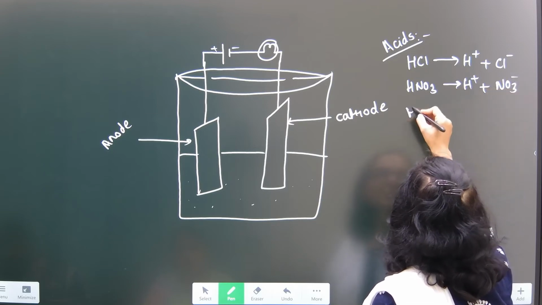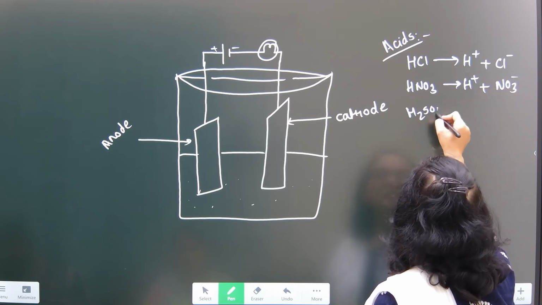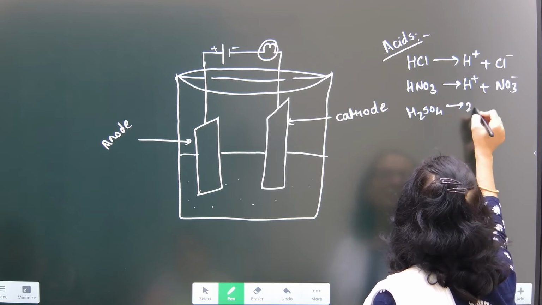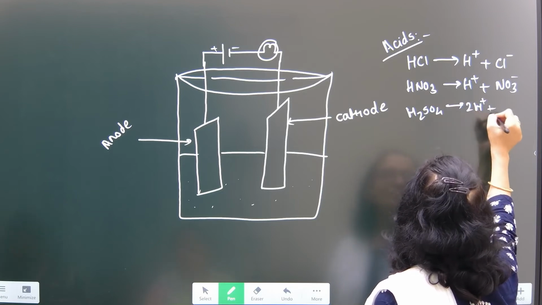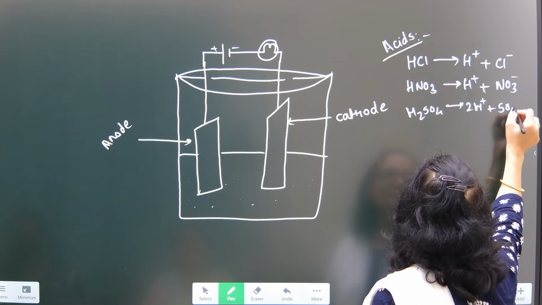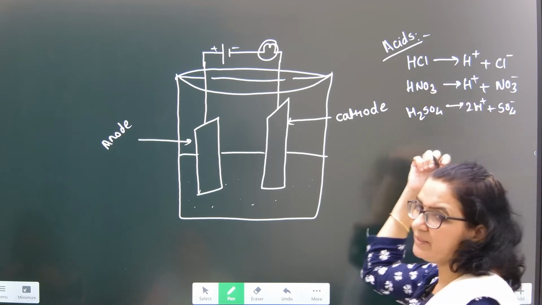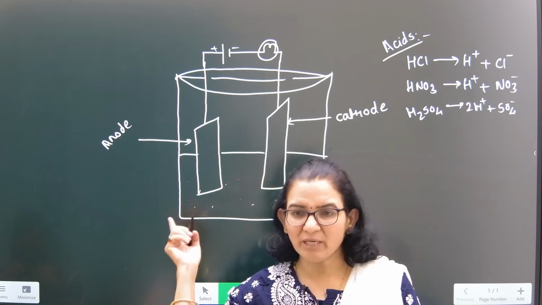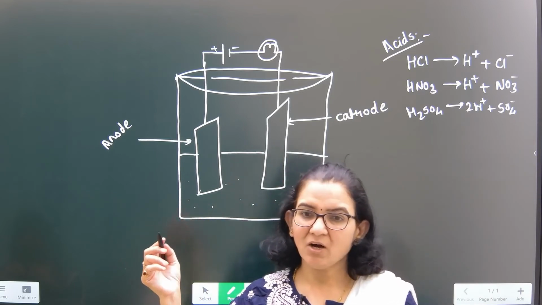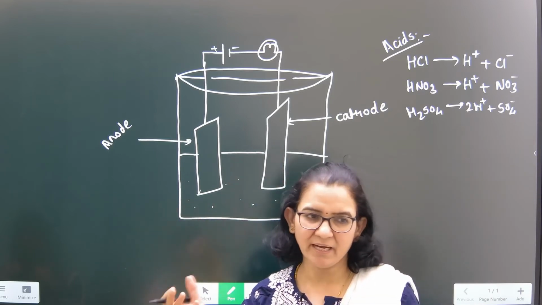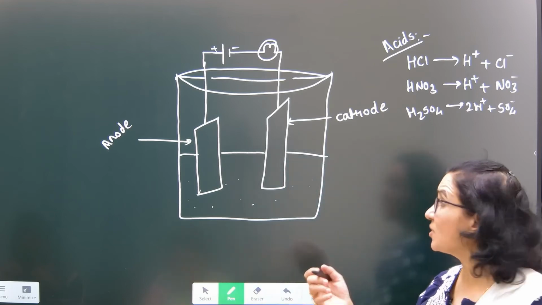Then H2SO4, when it dissociates, will form 2H plus ions plus SO4 2 minus ions. All the acids, whenever they dissociate, form H plus ions, and all the strong acids are electrolytes.